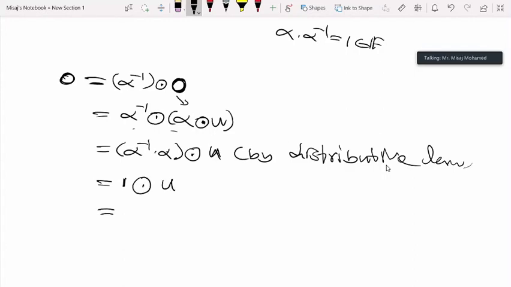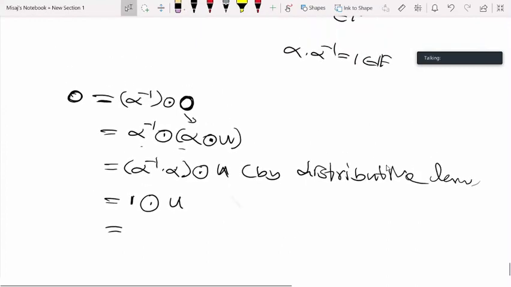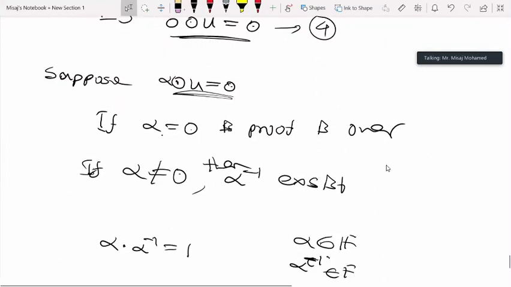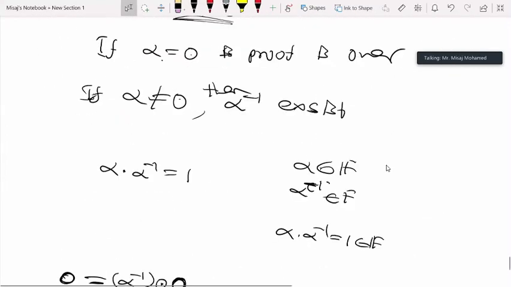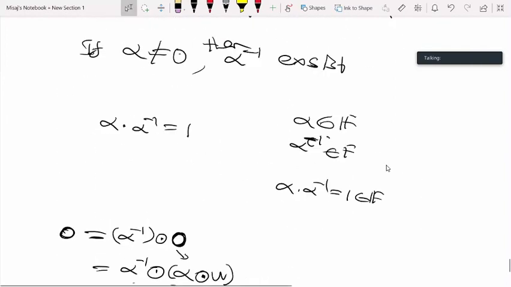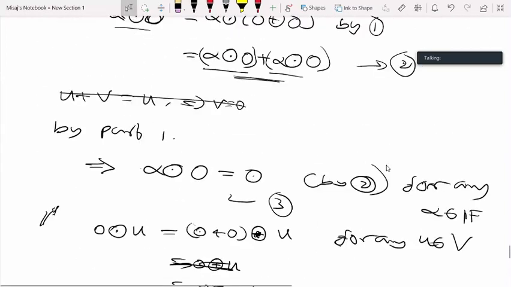Alpha into alpha inverse is 1, the identity, which gives u. Which property have I used? Property of vector space.